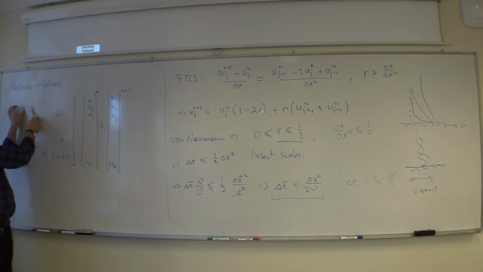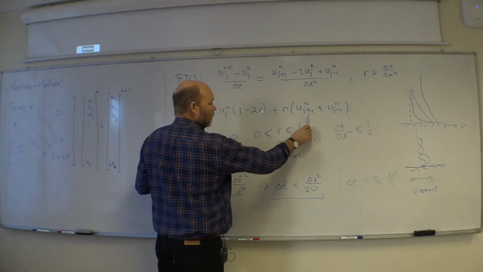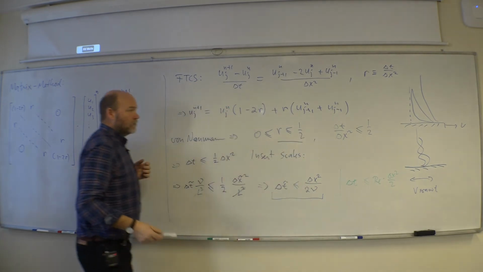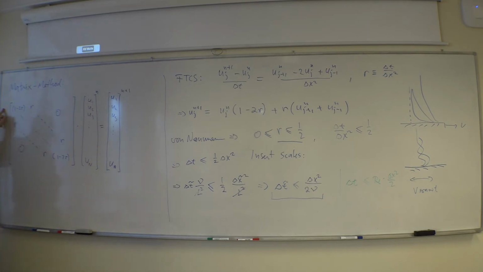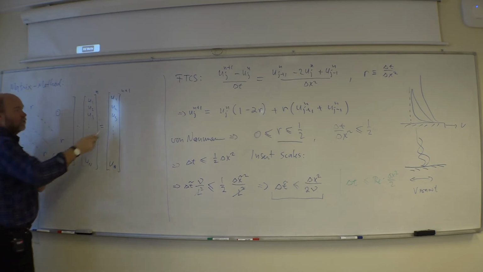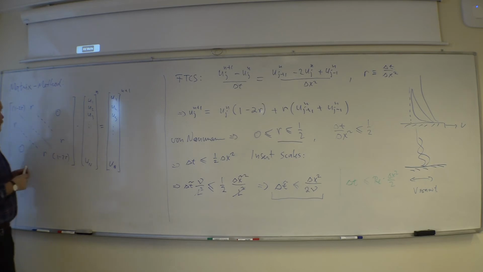Number 2 has an r, that is this one. But what about this one, j minus 1? That should now read something like u0. Well, it's outside the matrix. So that means u0 has to be included by something strange here.